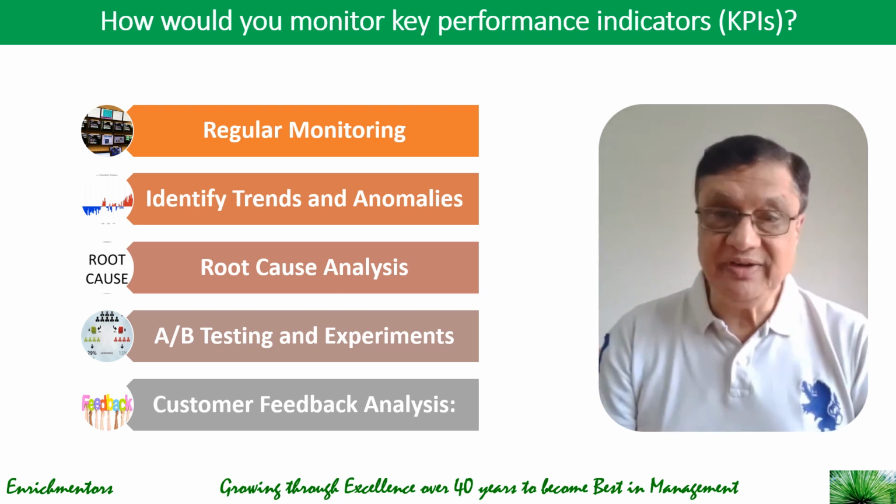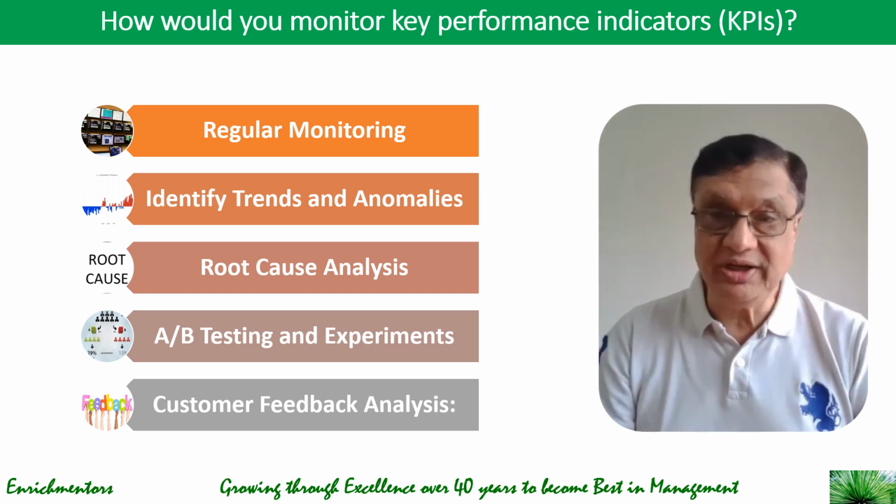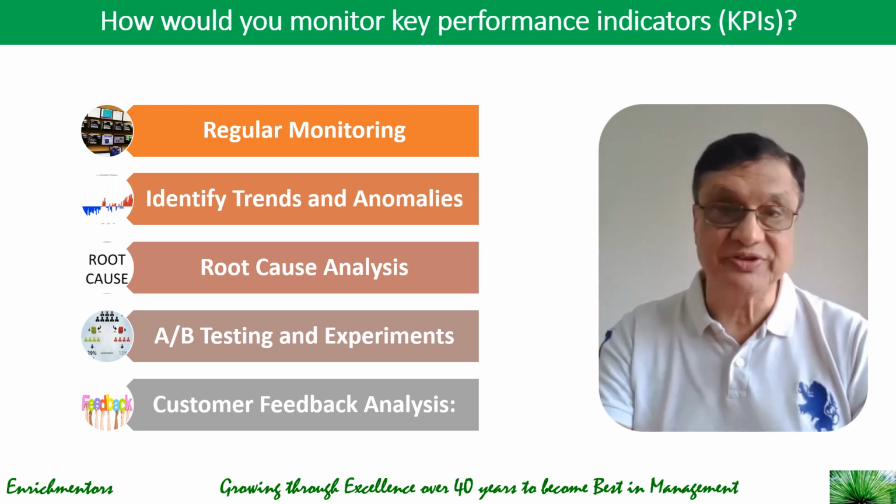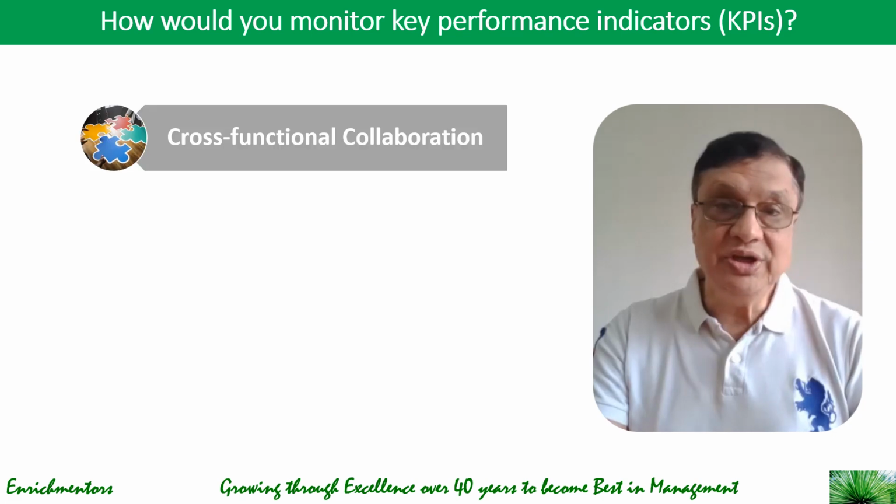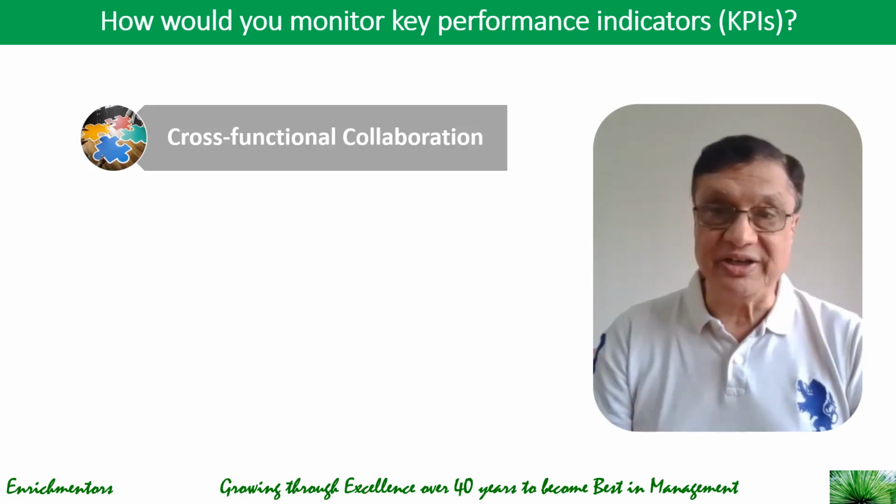Combine quantitative data from KPIs with qualitative insights from customer feedback surveys, because you need the best of both worlds. And this holistic view can provide a deeper understanding of user satisfaction and pain points. Then you need to collaborate with cross-functional teams.